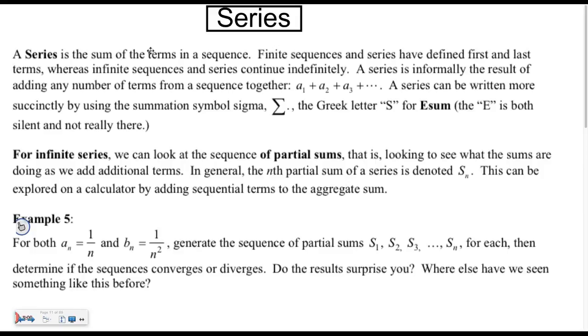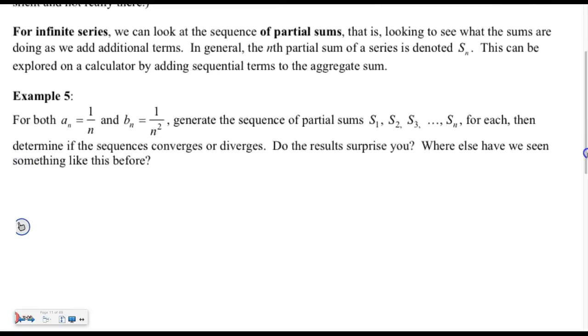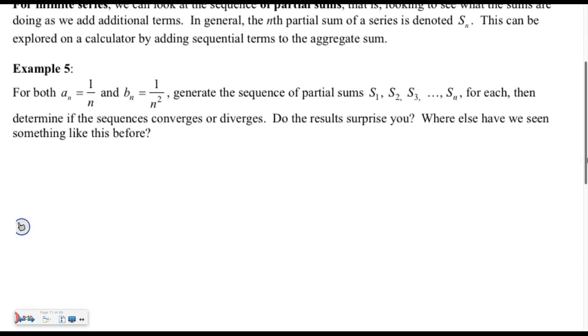Up here, I've got two very similar rules of sequence, a sub n and b sub n. I want you to split your screen. We'll investigate them separately on our calculator. So this rule of sequence is 1 over n. If it was a sequence and not a series, I would have it written as 1 over n like this.